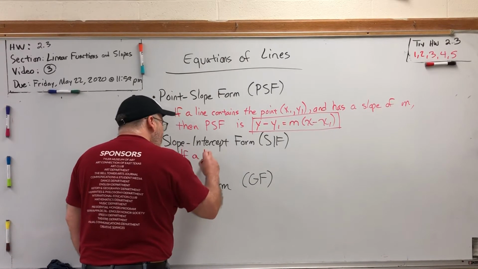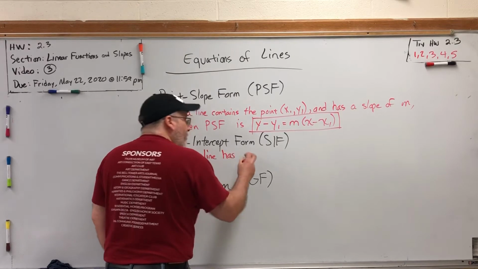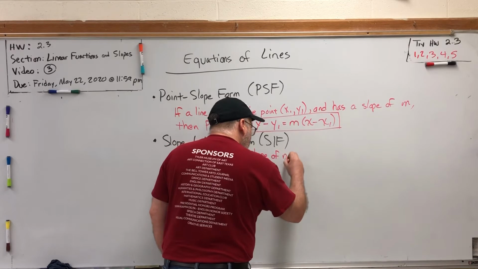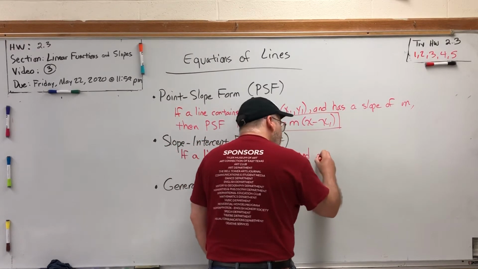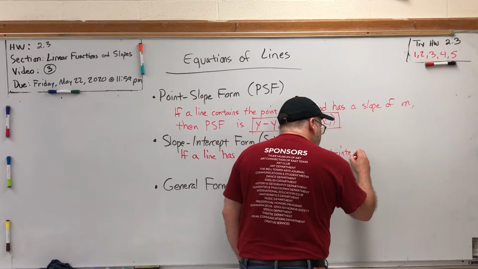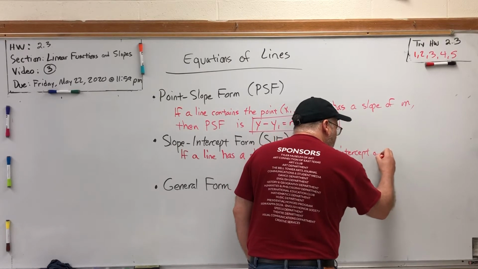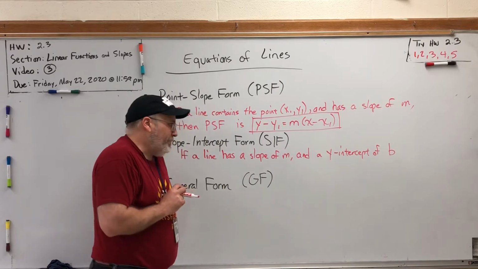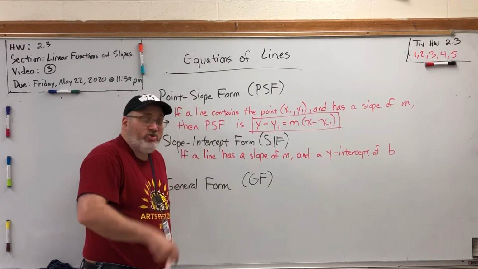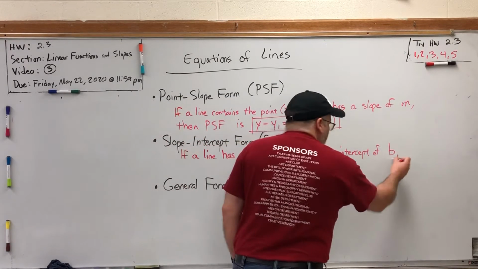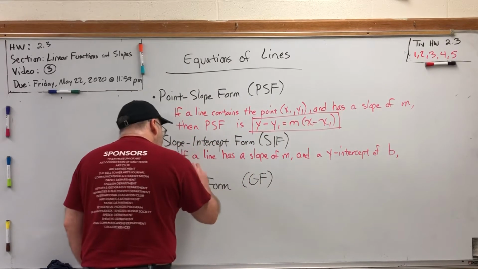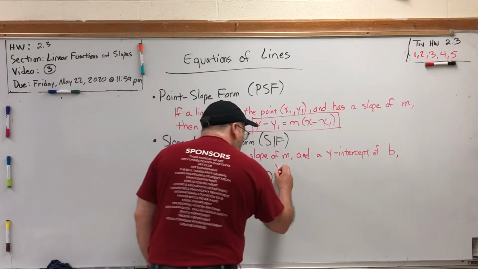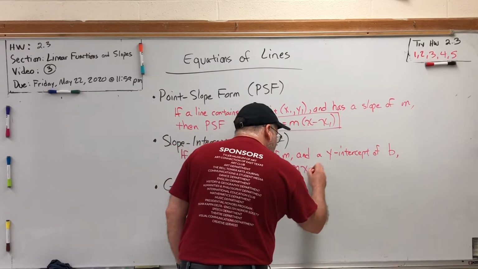If a line has a slope of m and a y-intercept of b, and I know why they use the letter b, but basically that's representing where the line crosses the y-axis, then slope-intercept form is y equals mx plus b.